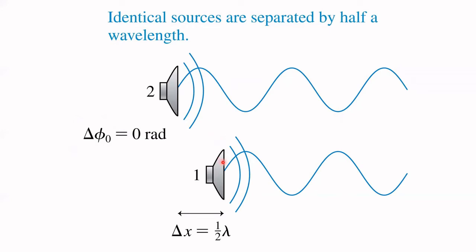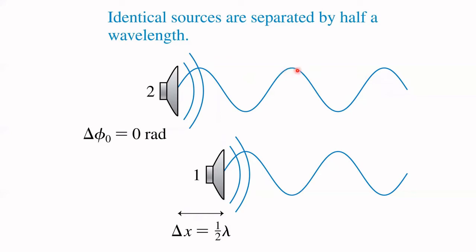Okay, but this time, speaker 1 is not a full wavelength to the right of speaker 2, but only half a wavelength. You see, if you go one hump, there is the membrane of speaker 1. So these have a path length difference of half a wavelength. And check it out. They're interfering destructively.